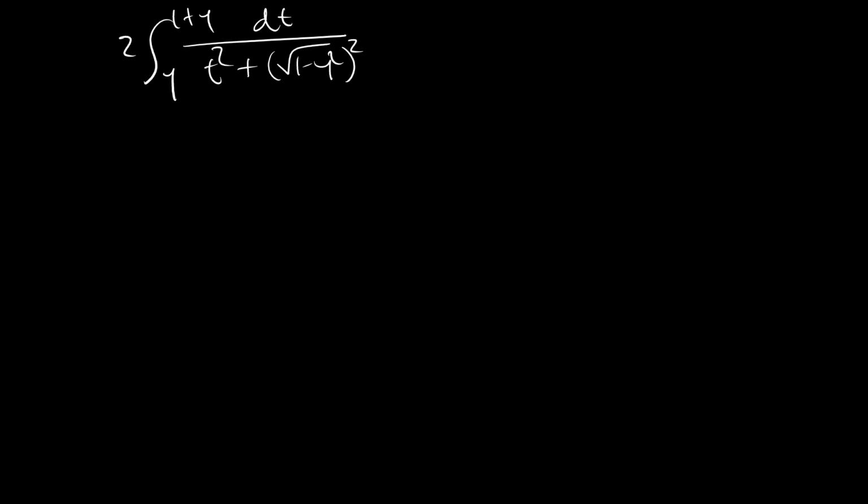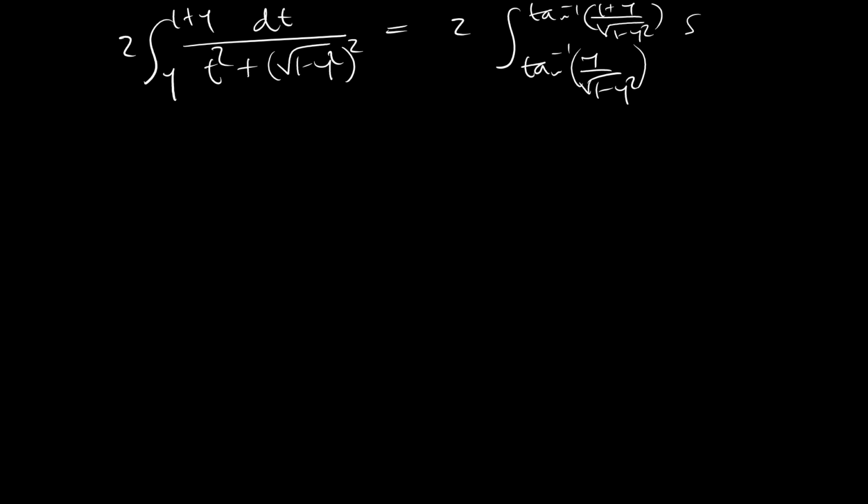That means that our problem, twice the integral from t equals y to t equals 1 plus y of 1 over t squared plus the square of the square root of 1 minus y squared, is equal to twice the integral from the arctangent of y over the square root of 1 minus y squared to the arctangent of 1 plus y over the square root of 1 minus y squared of dt.